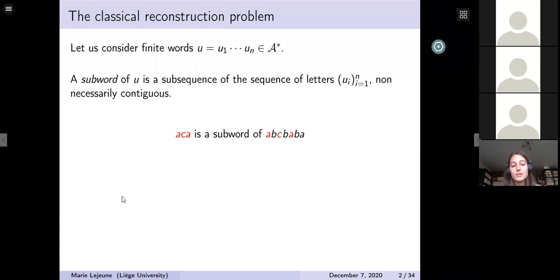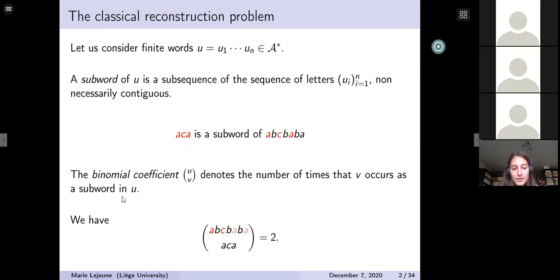This subsequence does not have to be contiguous. So for example, in the word ABCBABA, ACA is a subword. And we denote by the binomial coefficient UV the number of times that V occurs as a subword in U.